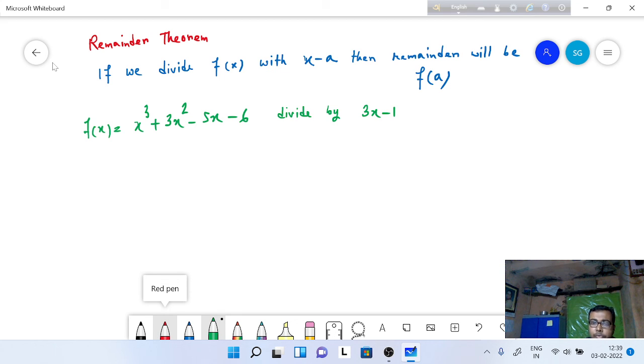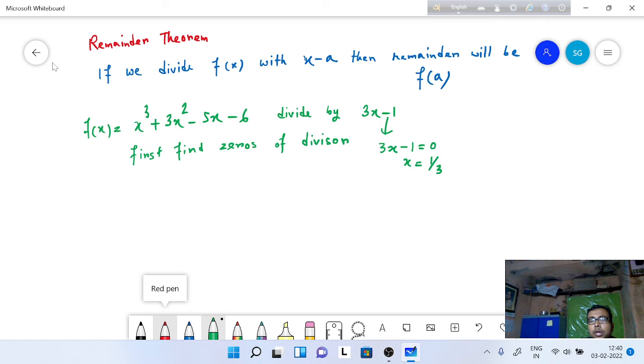First find the zero of the divisor. 3x minus 1 equal to 0, that means x equal to 1 by 3.